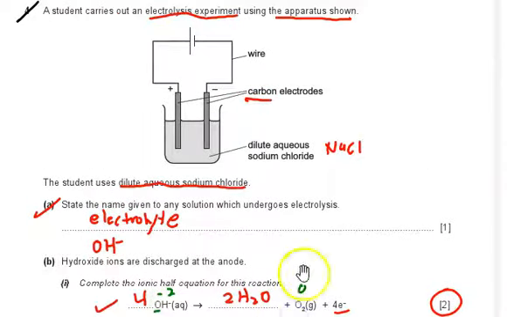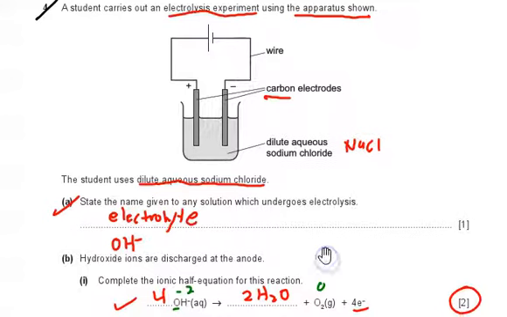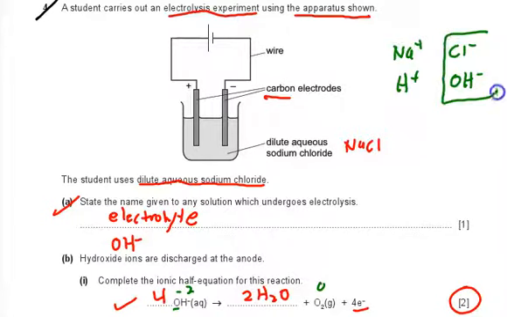So at the cathode, what happens here? So what happens here is, if you look at the dilute, so we have sodium ion, chlorine, hydrogen, and here we have so we can abandon this one, it happens at anode. So they're asking what happened at the cathode, right?